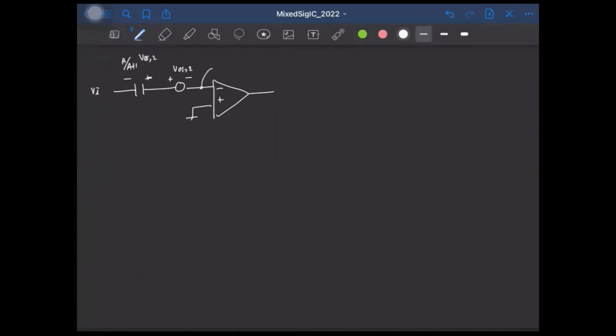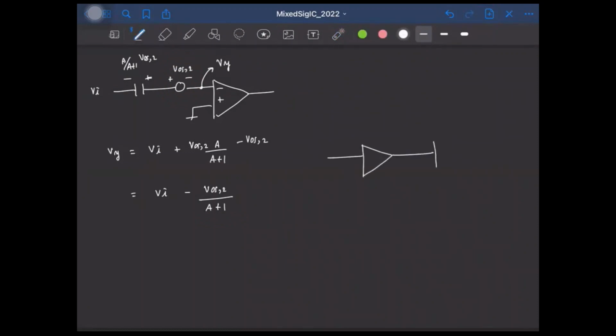So the voltage Vy at the input of the preamp will be Vi plus VOS2 times A by A plus 1 minus VOS2, which is simply equal to Vi minus VOS2 by A plus 1. So obviously the effect of this offset is not completely cancelled, but it is suppressed by a factor of A plus 1.